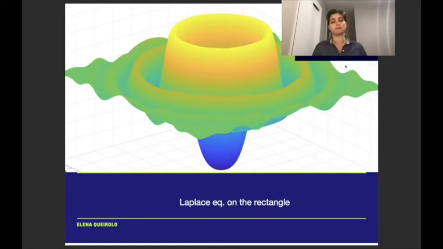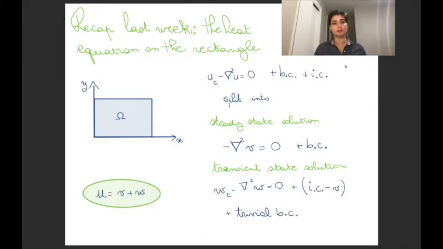So let's start with the Laplace equation on the rectangle. Last week, we saw the heat equation on the rectangle, and we saw how it can be split into two solutions, the steady state solution and the transient state solution.